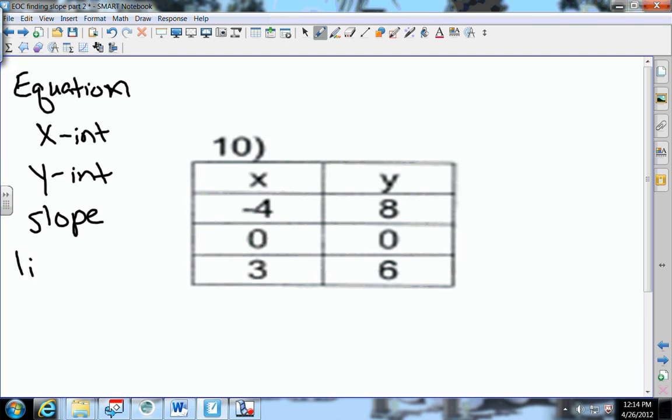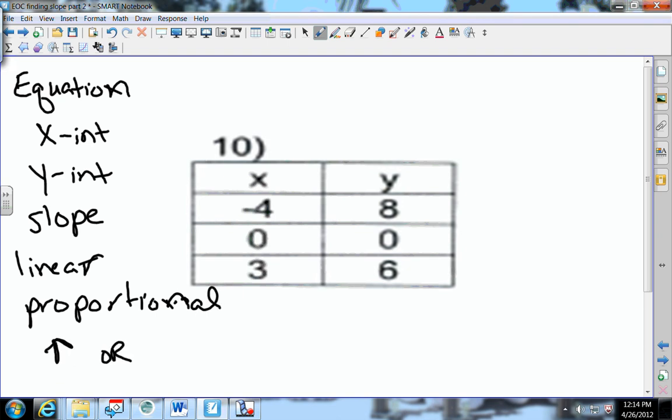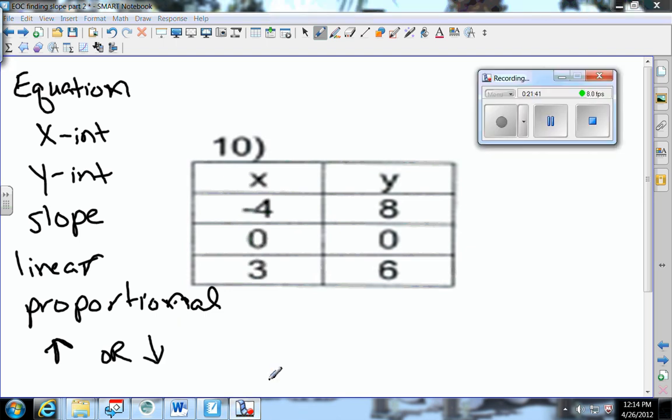Is it linear? Is it proportional? Did I miss one? And whether the line is going to be increasing or decreasing. So you can take a minute and pause the video and try and answer these questions.